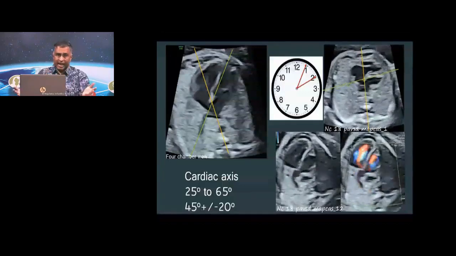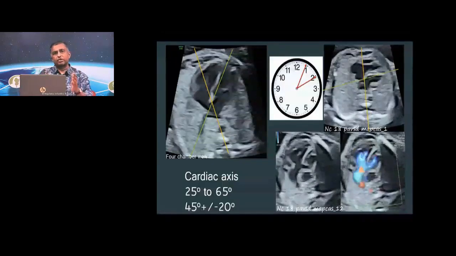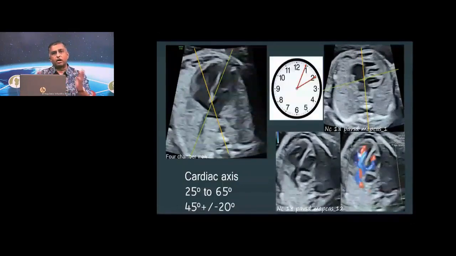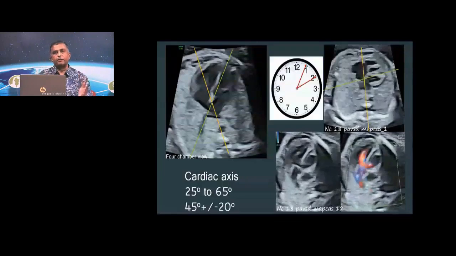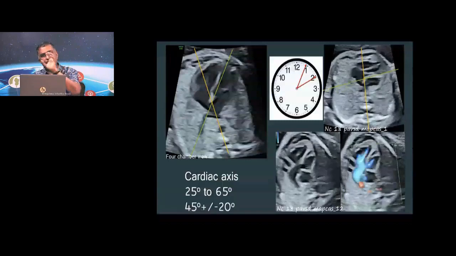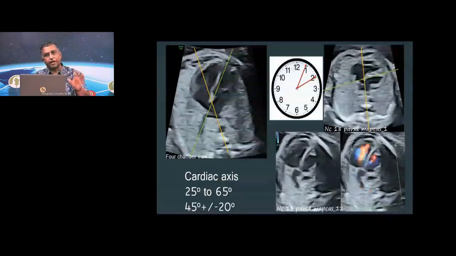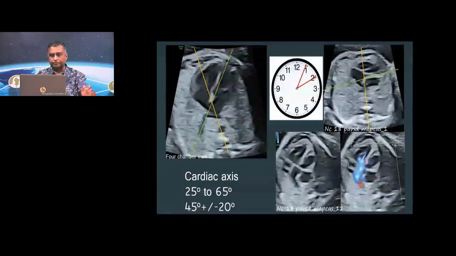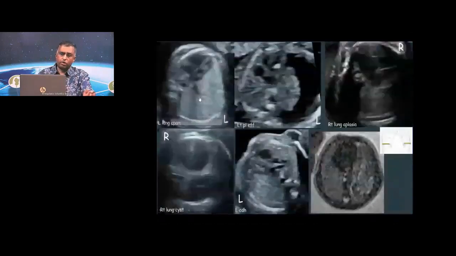So the axis rotation was actually telling you that there could be a lurking conotruncal anomaly or an outflow tract anomaly, and true enough, you picked it up. So just like the situs, you have the axis, which also is a potential warning system which is inbuilt into your protocol. From there, we move on to the shift.